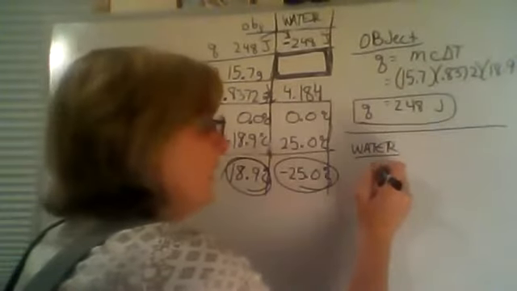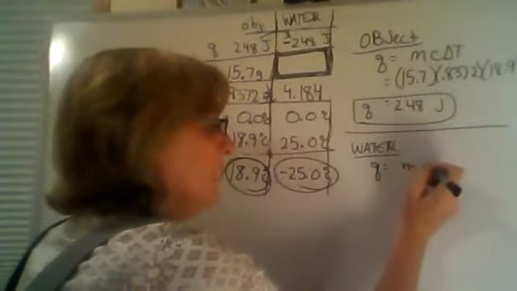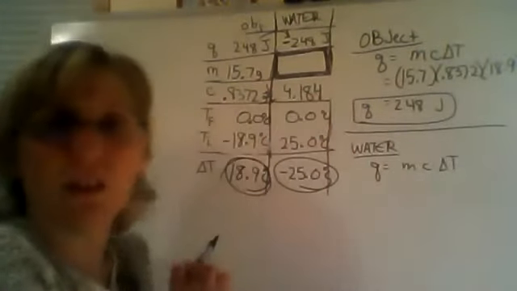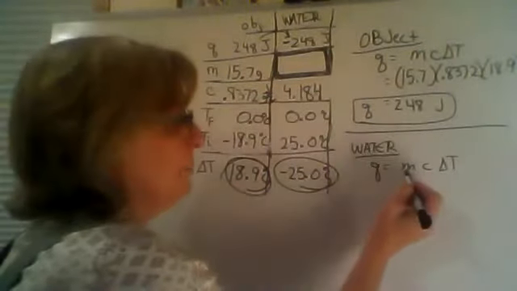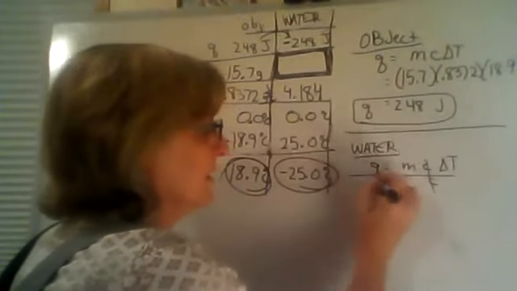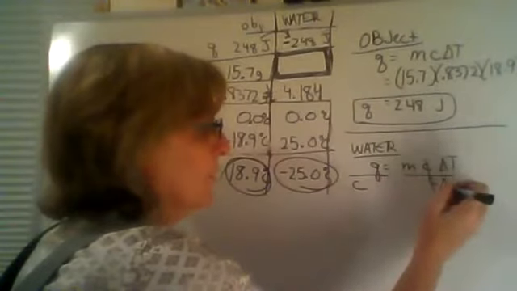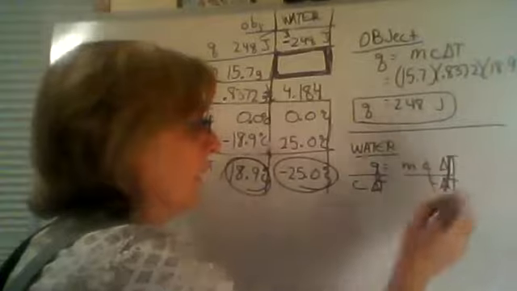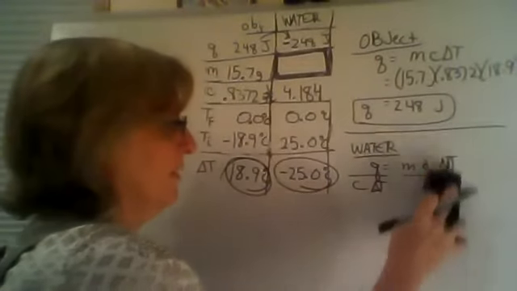And let's rearrange it. Q equals MC delta T. I want them to calculate the mass. So I need mass by itself. So let's cancel the C's and cancel delta T. So those cancel, right?